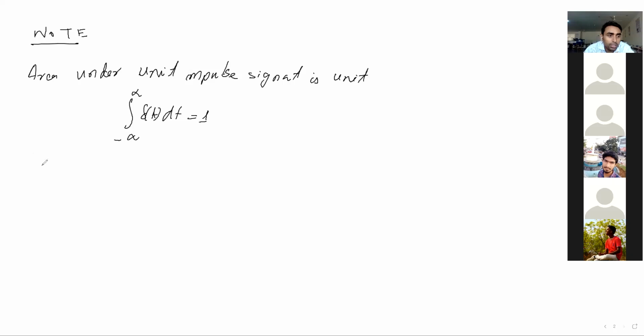Another note is that we already said there is some relation between these unit impulse, unit step, ramp and parabolic signals. From the unit impulse signal we can derive the unit step signal, the ramp signal, and the parabolic signal also. So what is the relation?